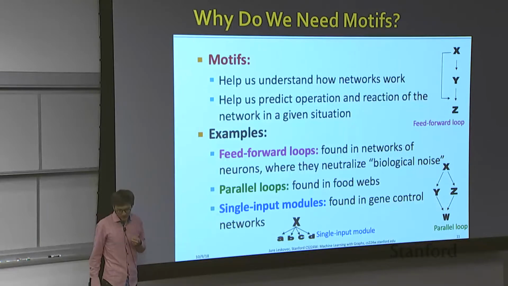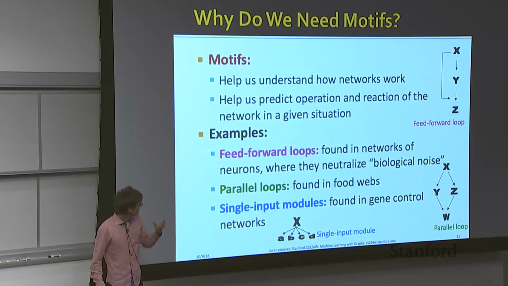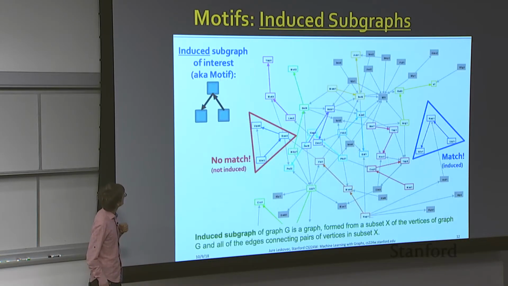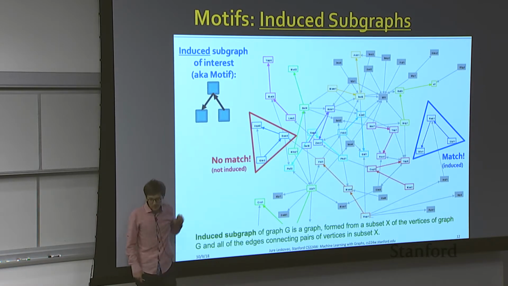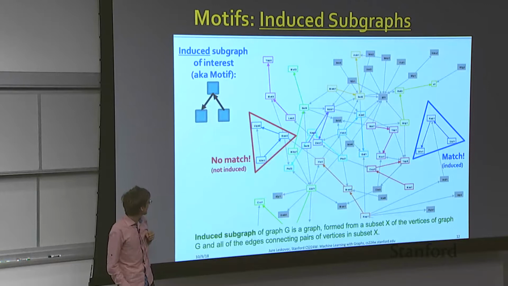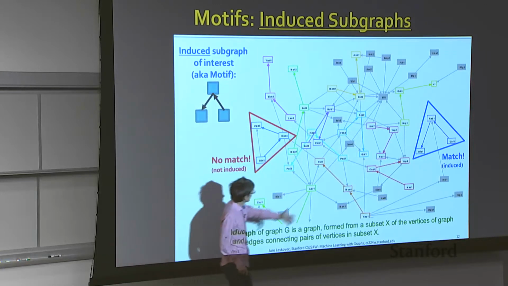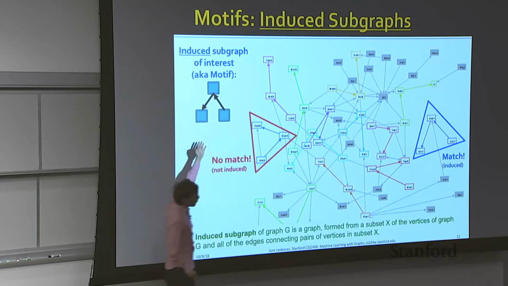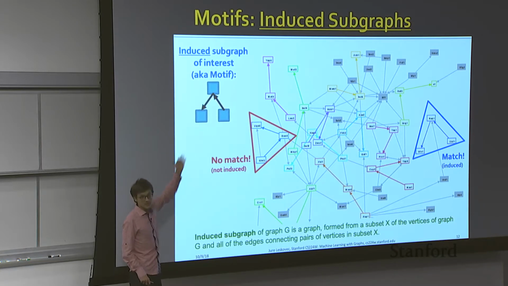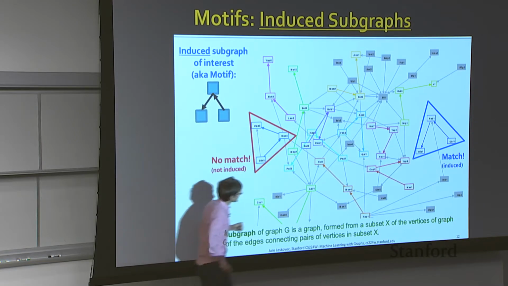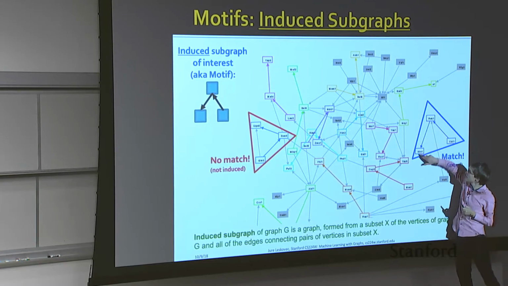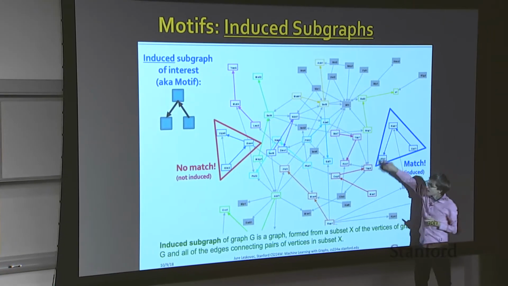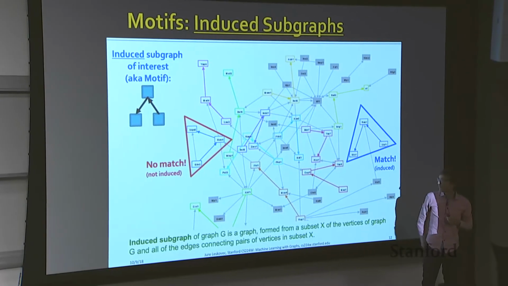So now what I want to define is this notion of an induced subgraph, right? So we are given a motif of interest. Imagine this little graph on 3 nodes and 2 directed edges. And then if I go into my network, I want to ask, where does this type of subgraph appear? For example, here is an occurrence of this subgraph, right? If I take these 3 nodes, then they are connected exactly in the pattern of the motif of interest.